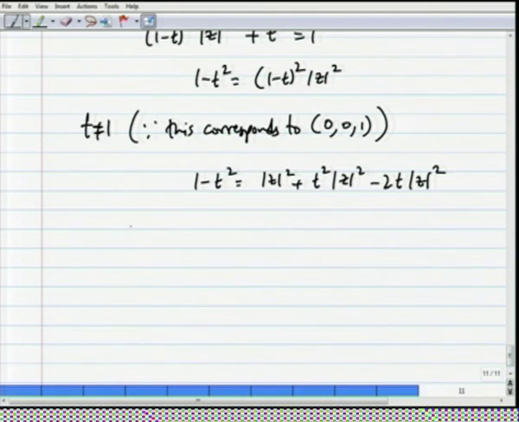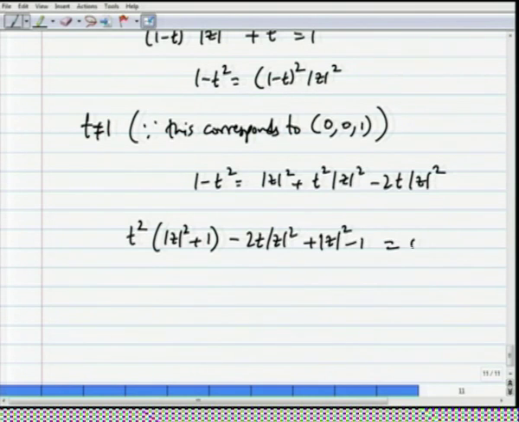So, this gives you t² (|z|² + 1) - 2t|z|² + |z|² - 1 = 0.